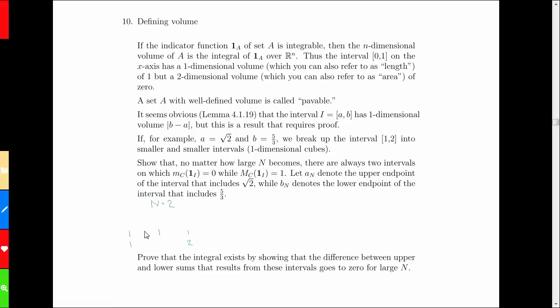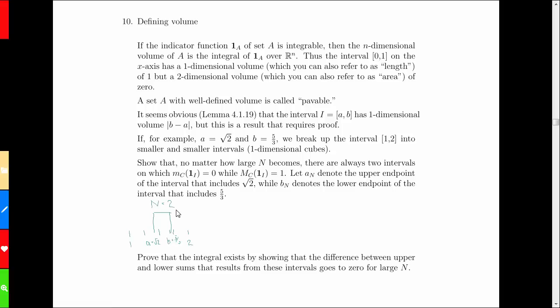First we split it in the middle, then we split each of those cubes again, and the square root of 2 lies in the second of those cubes. 5/3 lies in the third of the 4 dyadic cubes.